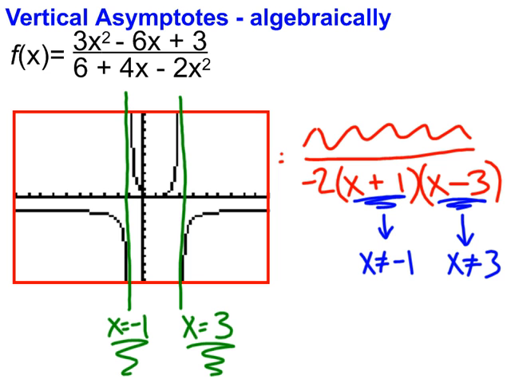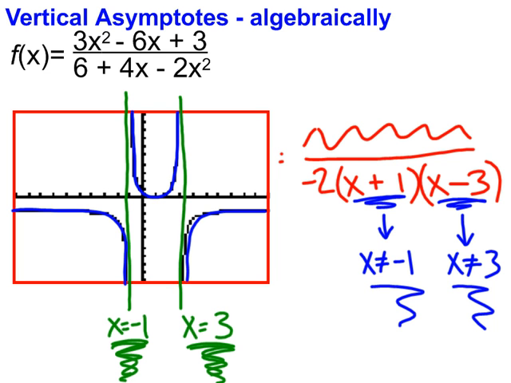So on the actual graph itself, just to get my color coding consistent here, for these blue curves, these inequalities over here do hold true. Those blue curves will never have an x value of negative 1 or 3. But the green asymptotes do have x equals negative 1, x equals positive 3.